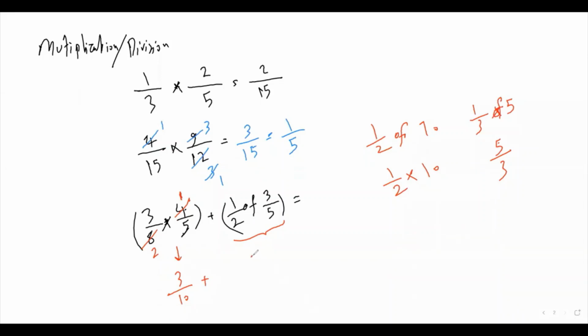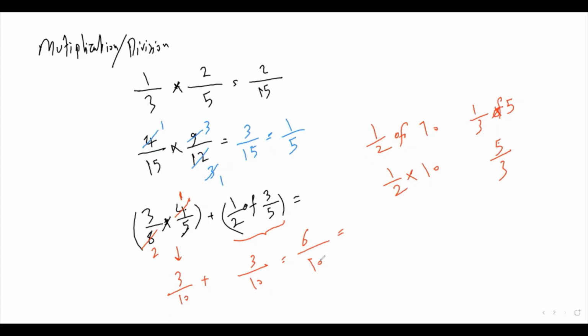We have 3 over 10, and we're lucky that the denominators are the same, so we just add the numerators, which gives us 6, and we can simplify that. It's a good habit to try to simplify the fraction even if you're not told to.